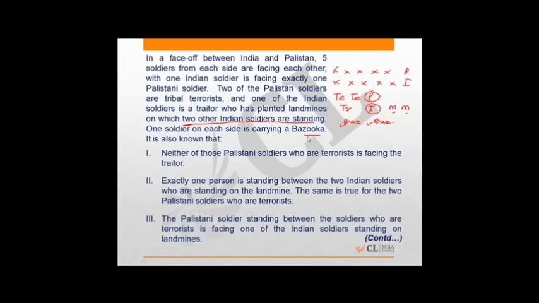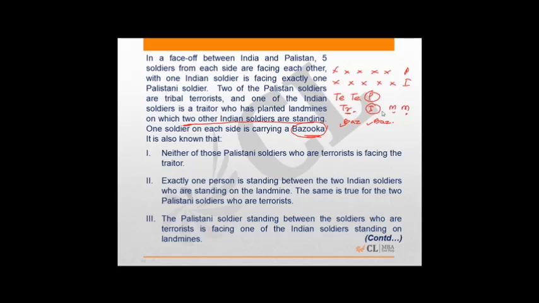One thing to understand and take care of while solving the questions is that the soldier who's carrying the bazooka may not necessarily be someone who is not among these 5 people, as in the couple of terrorists and the couple of soldiers standing on the landmine and the soldier who is a traitor.